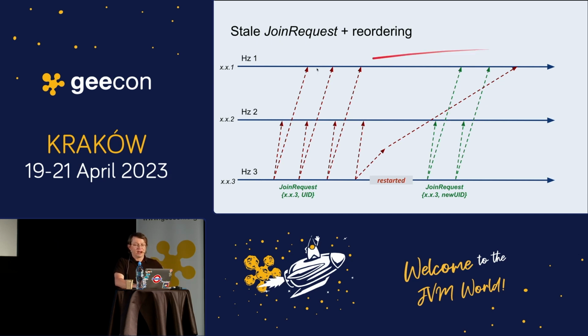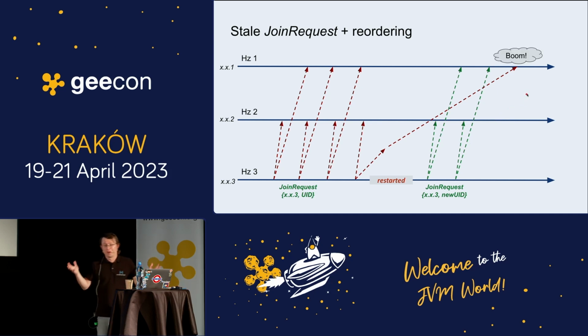In this case, Hazelcast node 1 will consider this join request as a new request from a new node, and it will remove the node with the new ID from the cluster, because it will consider that this node went away, maybe it was restarted, and now we have a new join request. So we have boom. The cluster will be split into several parts and will no longer be connected again.